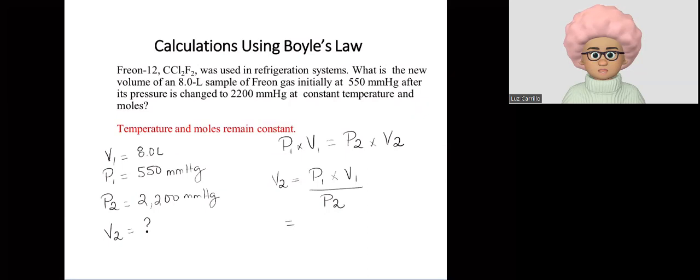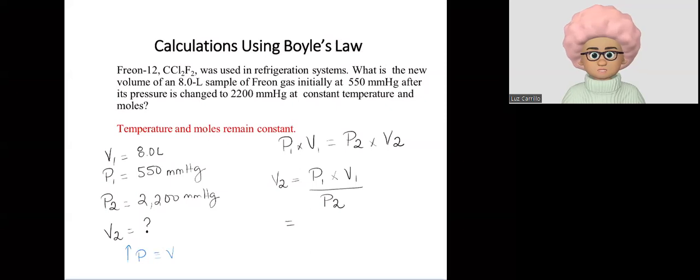Even before we start the problem, we can rationalize roughly what number we are going to obtain. If we use critical thinking and we know the trend that Boyle's law shows for pressure and volume, we can remember that when it comes to pressure in relation to volume, if one goes up, the other one goes down, and vice versa. We can see that from P1 to P2, our pressure goes up.